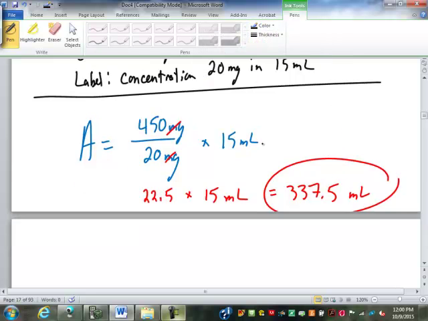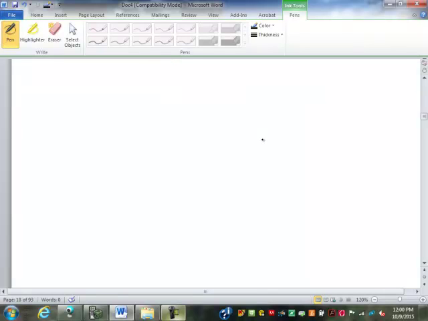Okay, let's look at another example. Trying to figure out how to write this one out. We'll just do this. Orders for 1,300 milligrams.